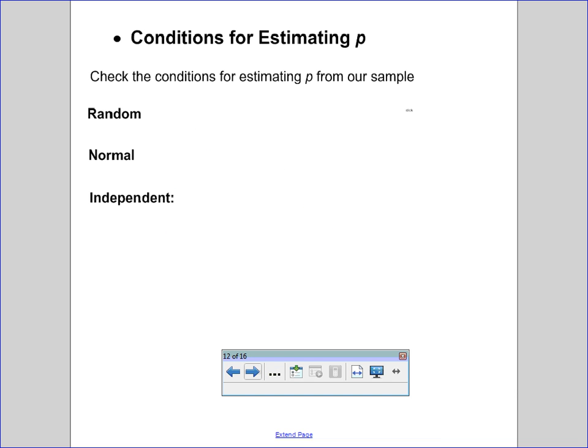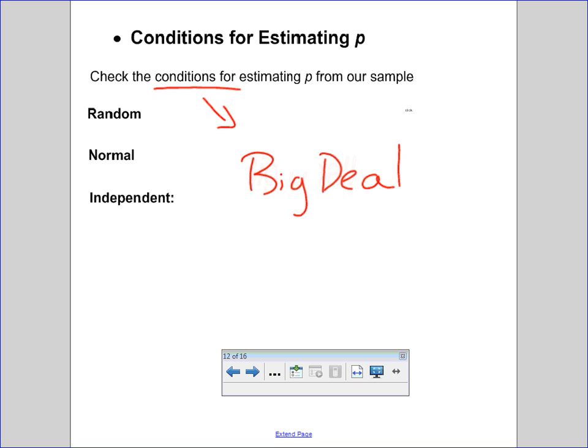All right, and once again, it is a very big deal that we check the conditions. We've been grading FRQs for a while now.